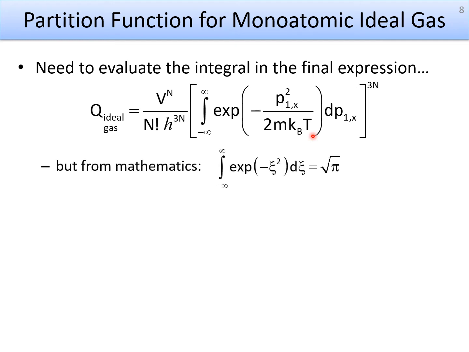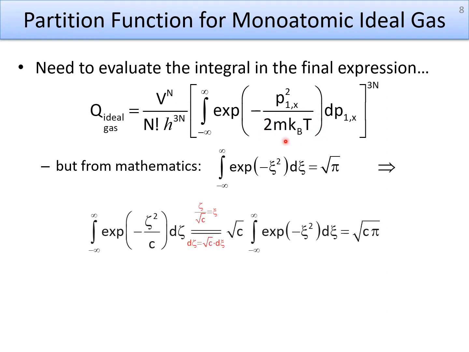Okay, so we have to treat this integral, and this is a Gaussian integral. So we use this expression from mathematics. Note that this is an integral of e to the minus psi squared, but we have e to the minus psi squared divided by a constant. So we need to use this to find the value of this type of integral. That's very easy. We just do a change of variables.